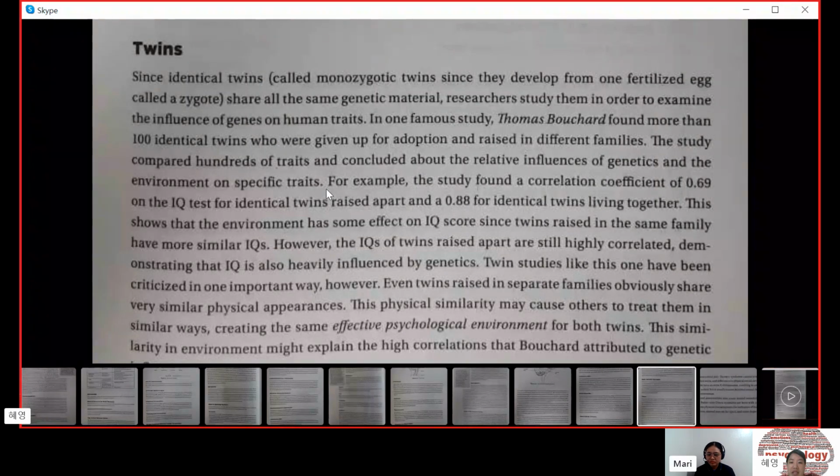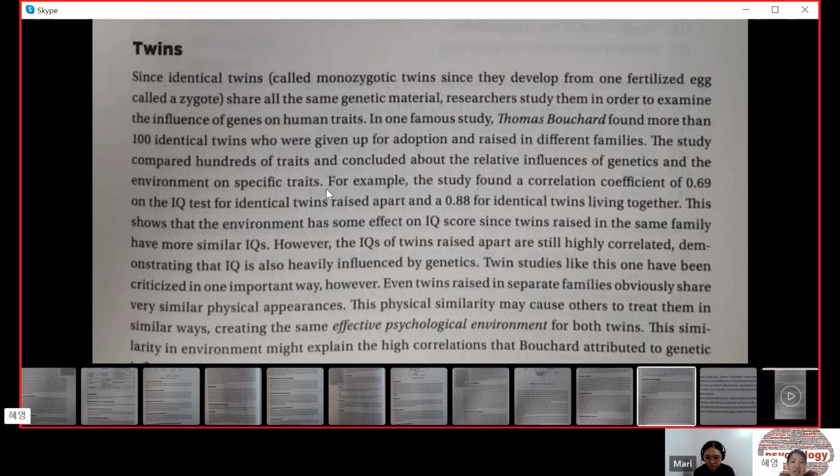So it means that if it is close to 1, there's more similarity. So 0.88 for identical twins living together is influenced by both nature and nurture.